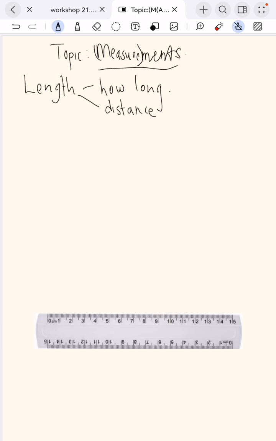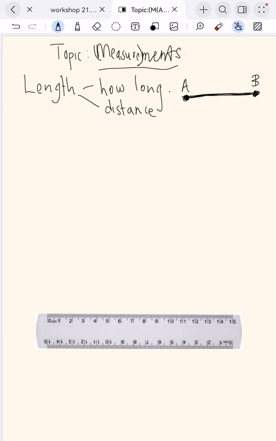It can be the distance between two points, let's say this point here, which we call point A, and another point here, which we call point B. To measure means to find out the length between these two points, from A to B.